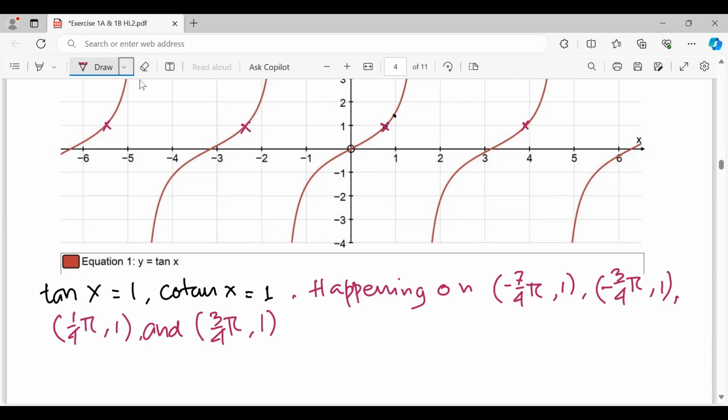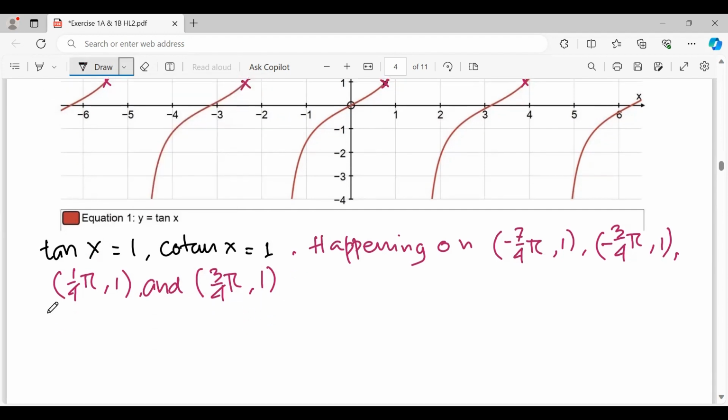And I have calculated on the calculator that, this is the first point, the second, I mean, when tangent x equals -1, cotangent x as well equals -1.